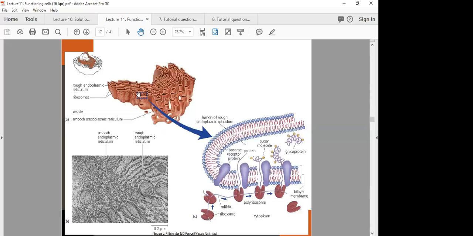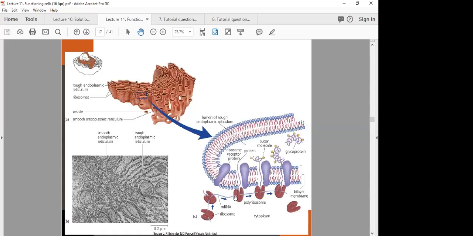But let's enlarge this little portion of the rough endoplasmic reticulum, and that's what we're looking at here. We can see the lipid bilayer of the membrane of the ER. Here we can see some of those transmembrane proteins embedded in the lipid bilayer. And here we have the ribosomes that are attached to the rough ER. In fact, several ribosomes are attached and moving along this one messenger RNA molecule.